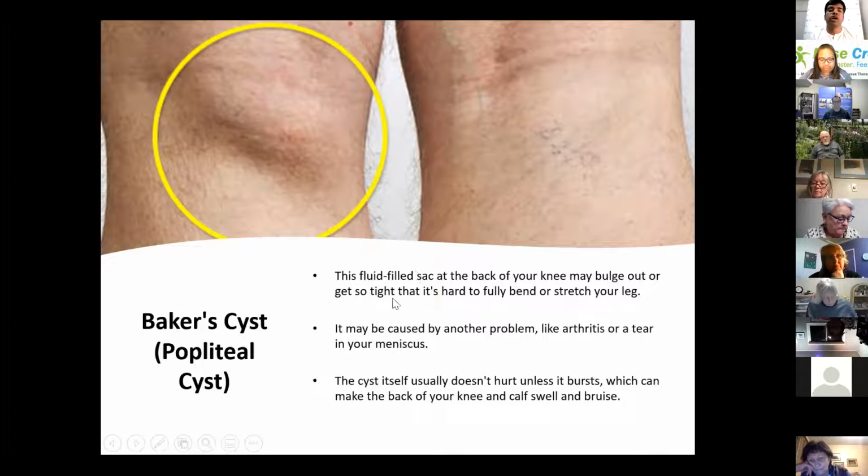We need to find why you are getting this Baker's cyst again and again, and whether any structures are damaged inside the joint. As I said before, is there any meniscal irritation? Are there any other damaged structures?